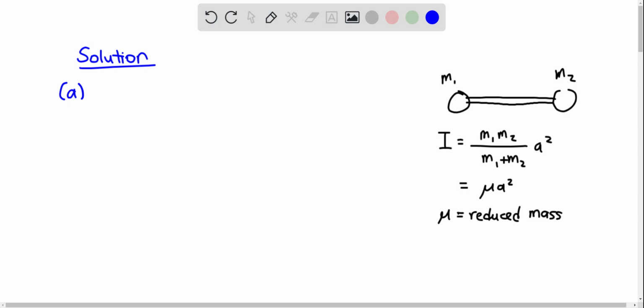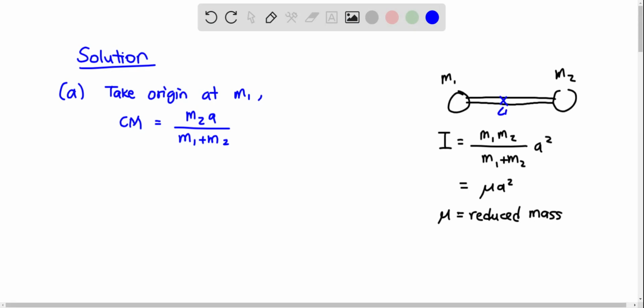So in part A, we want to show the allowed energies of the rigid rotor. What's the first thing I will try to derive? Why the moment of inertia is that. If we take the origin at M1, then the center of mass will be at M2A divided by M1 plus M2, so it could be somewhere here.